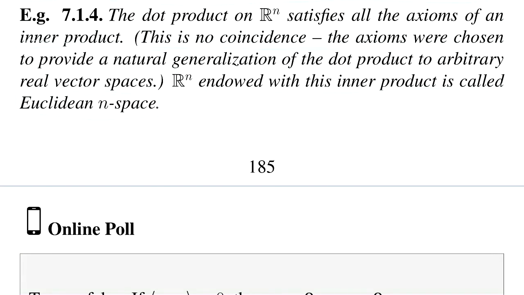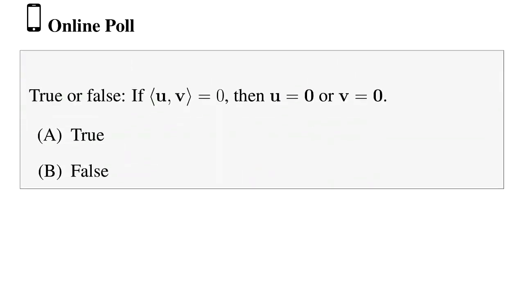All right, so let's do a poll. So, is that true or is that false? If the inner product between two things is 0, then one of them's got to be 0. All right, true or false?